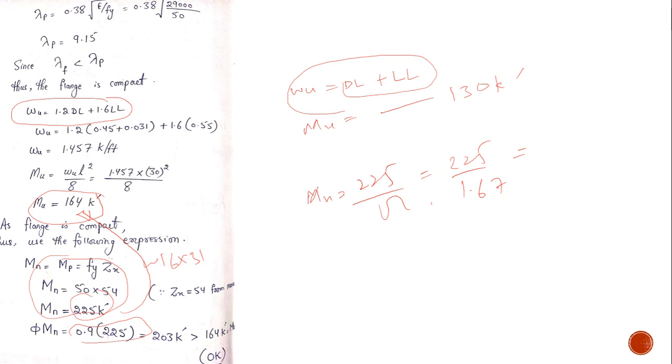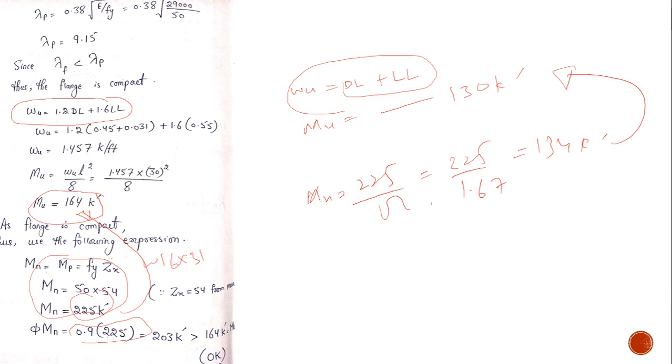I have the calculator. 225 divided by 1.67 comes out to be 134. It is again greater than this, so my section is adequate. So you can solve it using ASD or LRFD. It's up to you, and it's very easy.